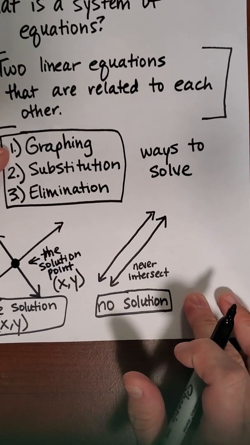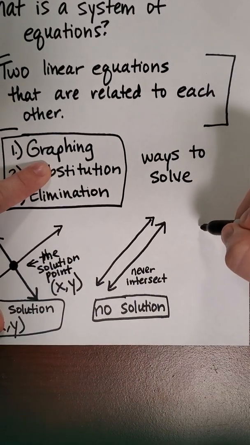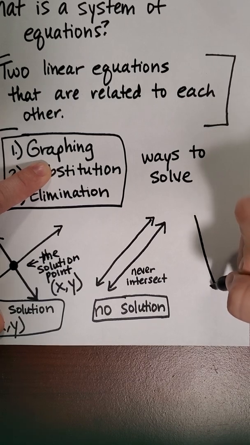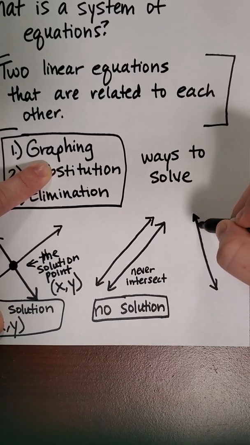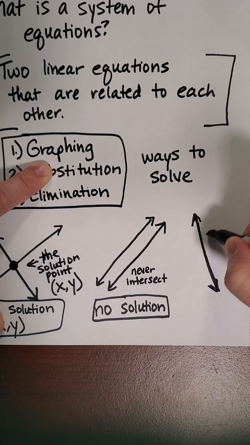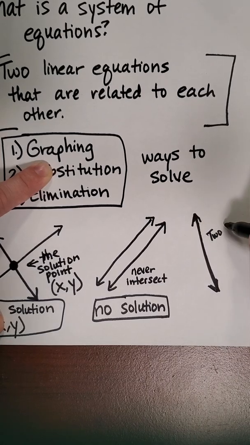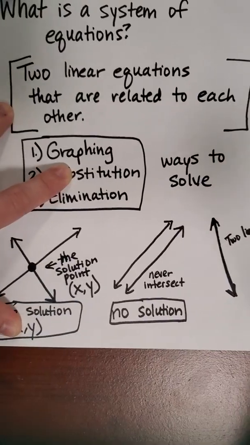And then the third option that you could see is where you have a line that is drawn, but as you're plotting the next line, it lands on the same exact thing that you've already graphed. So this is where you have two lines laying on top of each other.